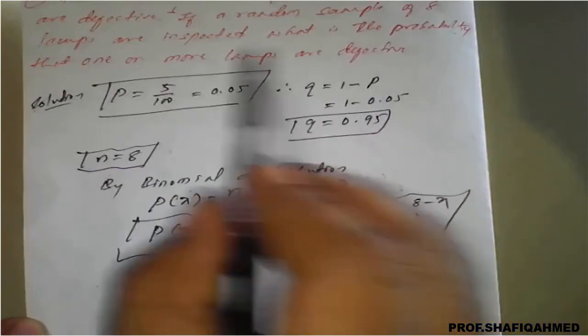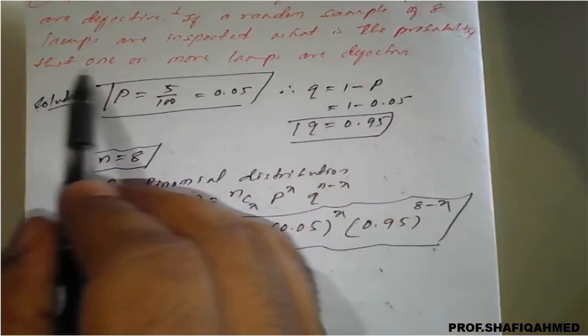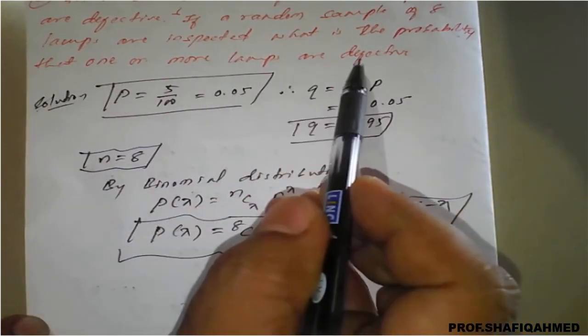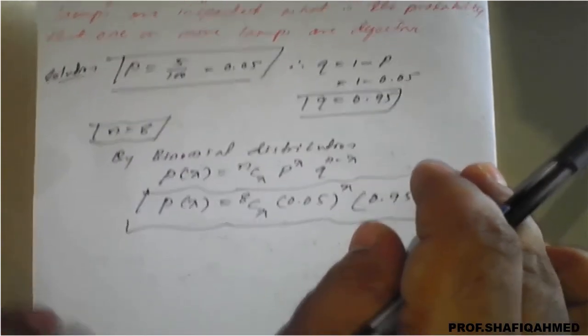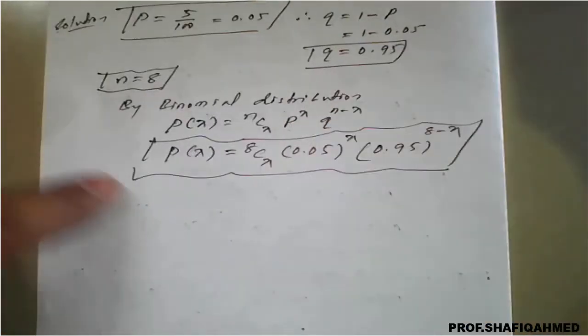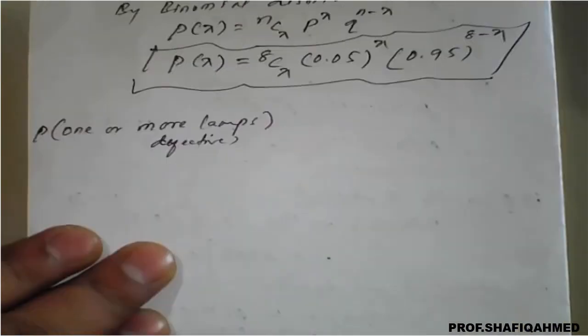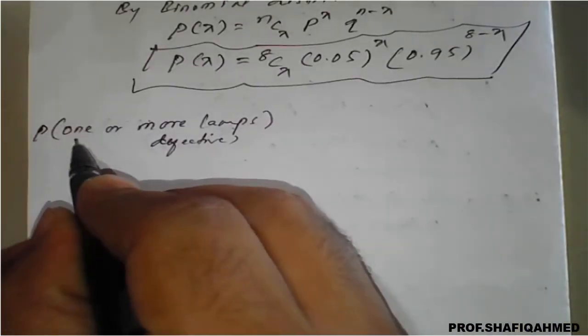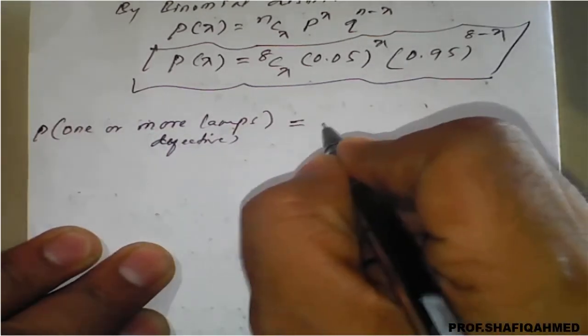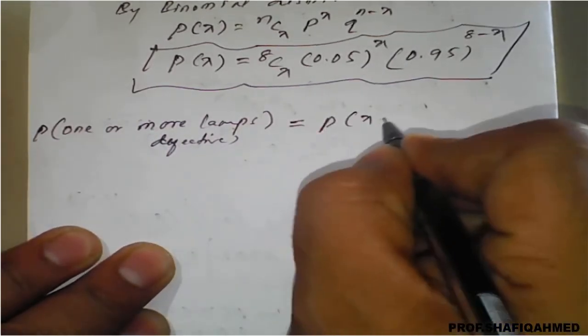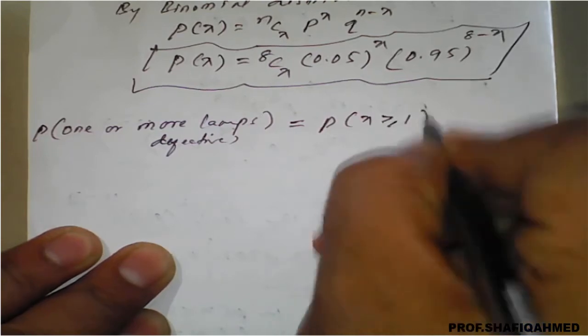So what they have said in the question is we need to find the probability that one or more lamps are defective. One or more means how you will consider here: probability of one or more lamps defective means symbolically P of x greater than or equal to 1.